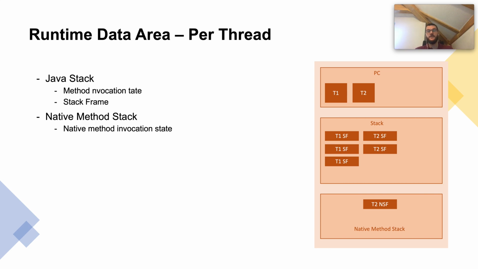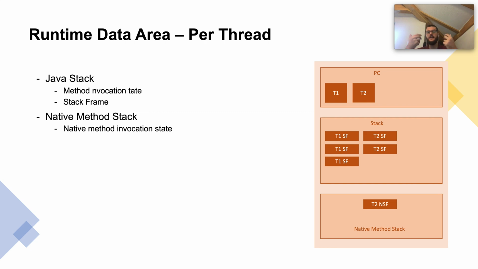So in addition to the stack, there is also a stack only for calls to native methods. So methods written in languages like C, C++, or assembler. When we use the Java native interface, calls to these methods will end up on the native method stack.